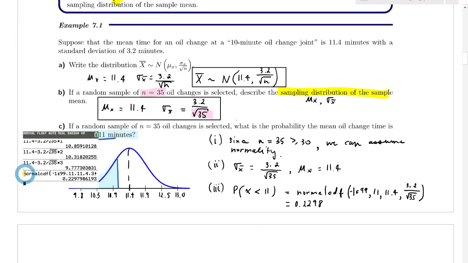We can see that it definitely was less than half. And what does this mean? That there is a 0.2298 chance that the mean time is less than 11 minutes.